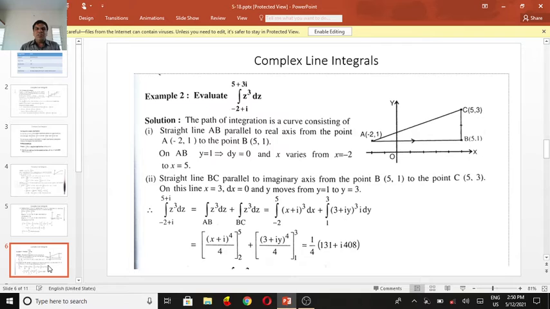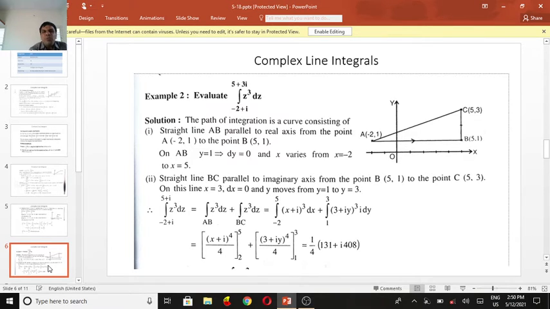If we come to evaluate the second problem, it is the same. So, the integral from minus 2 plus i to 5 plus 3i of z cube dz. See, first we make a graph with x-axis and y-axis.